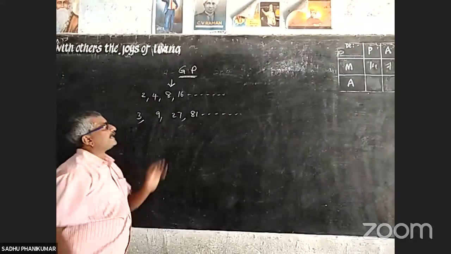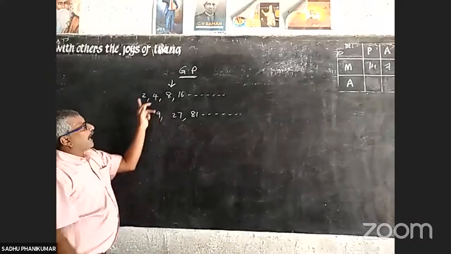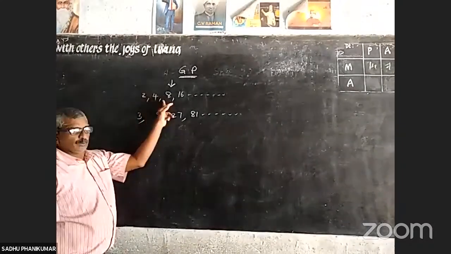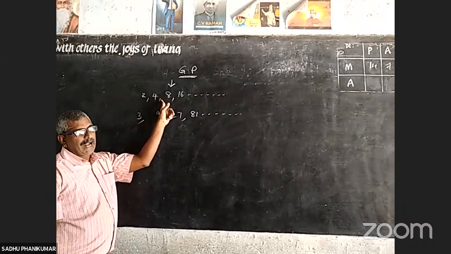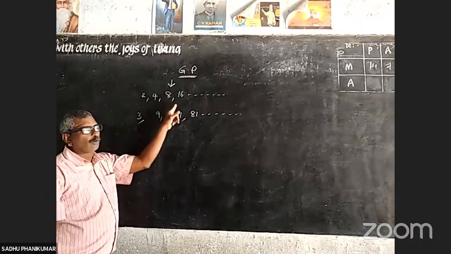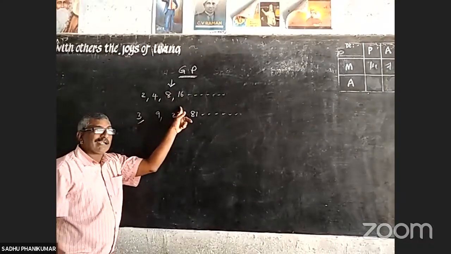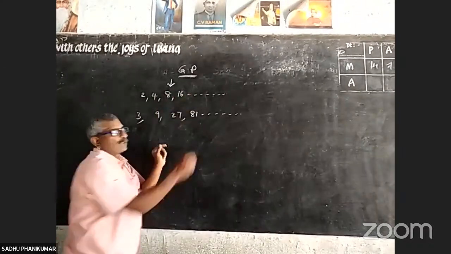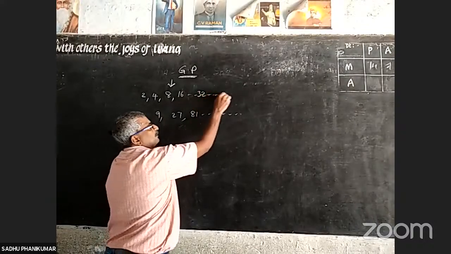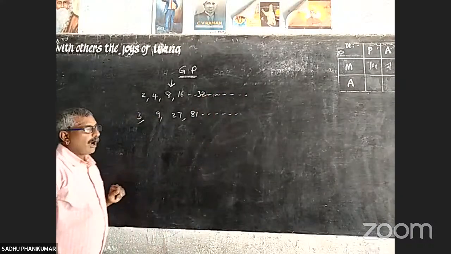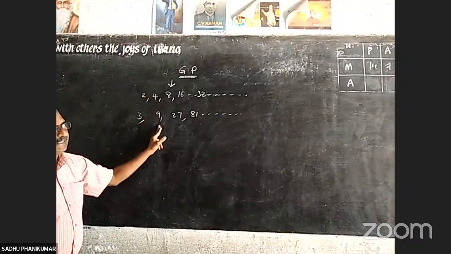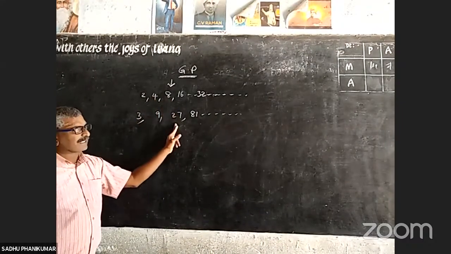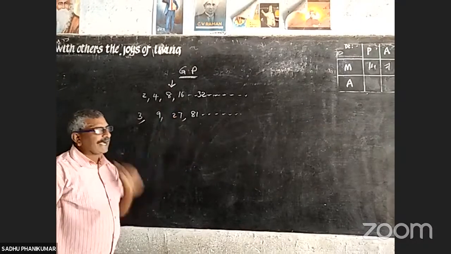That means in this sequence, I multiply 2 with 2 to get 4, and again 4 with 2 to get 8, 8 to 16, 16 to 32. Like that we can write. Or in this one, 3 threes are 9, 9 threes are 27, 27 threes are 81.